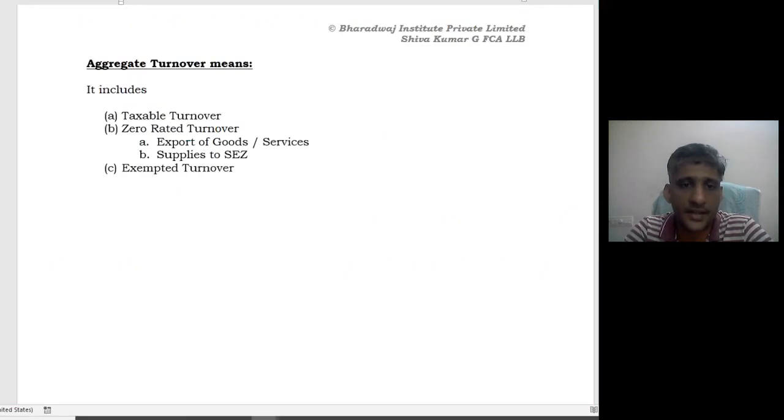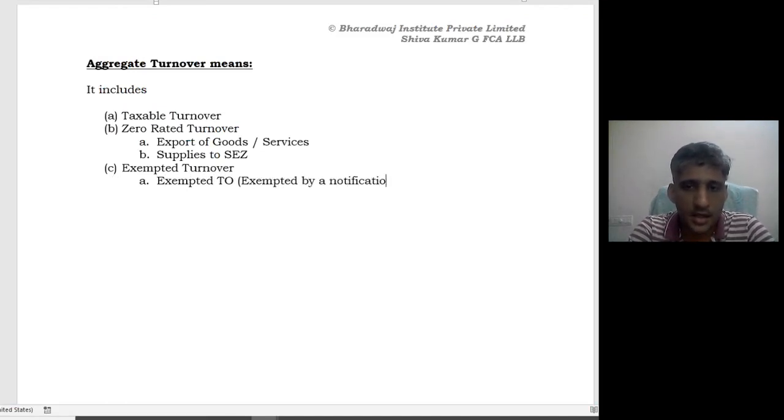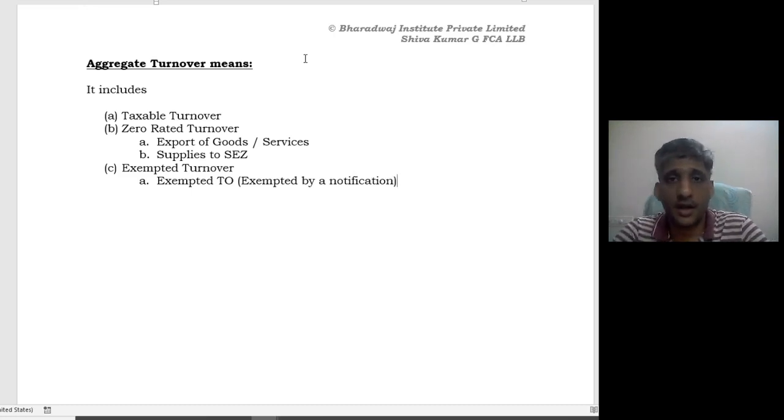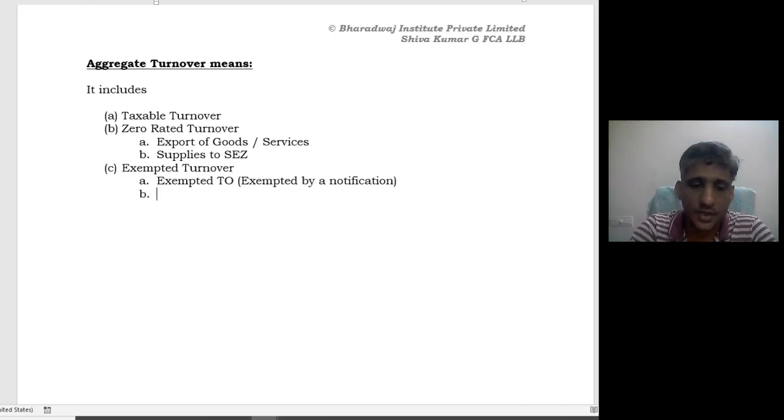So exempt supplies includes exempted turnover, that is exempted by a notification. If you remember, while discussing zero rated turnover, we discussed non-taxable, nil rated, exempted, zero rated. We gave a detailed discussion. If you want, you can go back. So exempt turnover includes exempted turnover, nil rated turnover, and non-taxable supply.